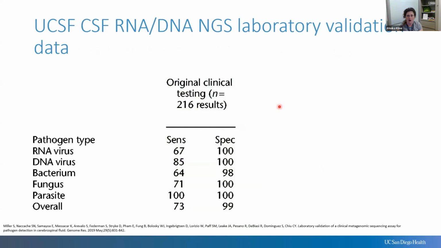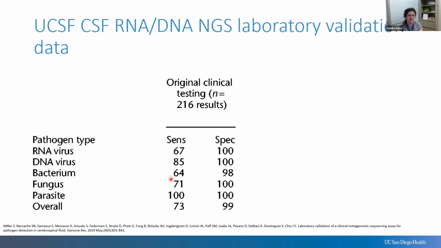UCSF, which does a more unbiased sequencing similar to what we are hoping to do, for their cerebrospinal fluid, their initial lab validation data showed they actually separated it out by pathogen. And I was surprised to find out that their sensitivity for RNA viruses was only 67%, DNA viruses was 85%, and bacteria was only 64%.